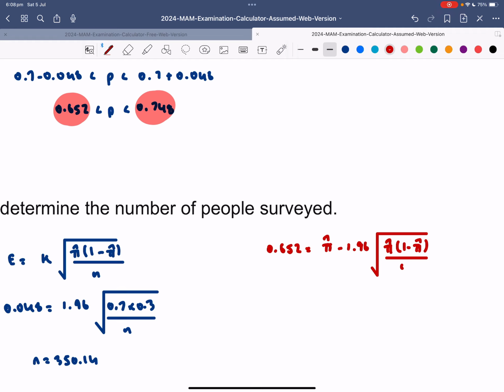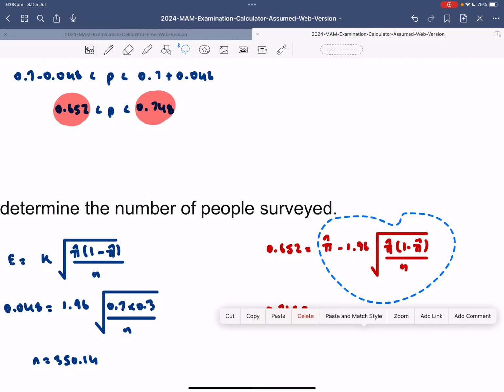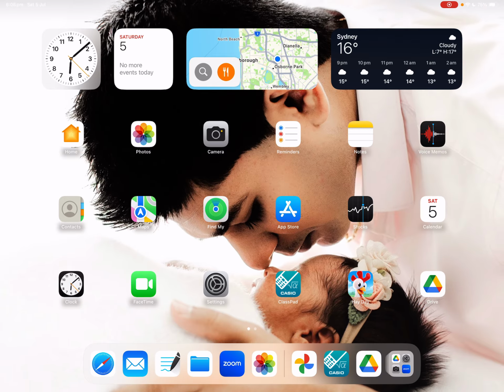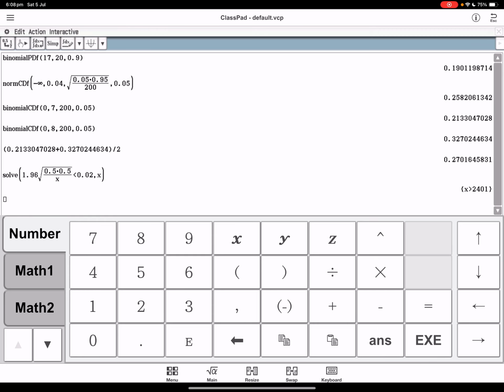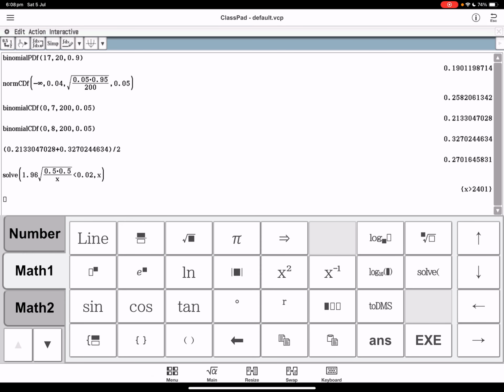That's the lower boundary. And the upper boundary is 0.748, which is the sample proportion plus 1.96 standard deviations. And then you can just put that into simultaneous equations. Obviously, it's a bit more effort, especially because we get given the sample proportion, but still doable.